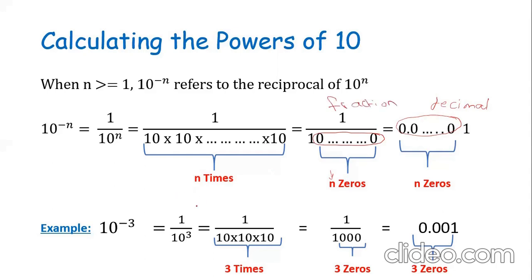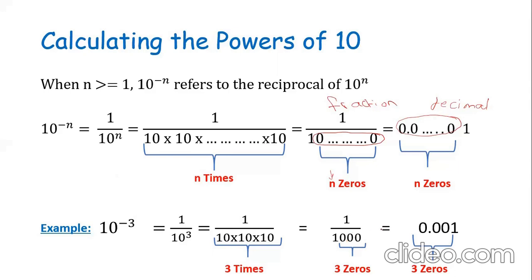Let's take an example. 10 to the power of minus 3. So here n equals 3. This is equal to 1 over 10 to the power of 3, which is again 1 over 10 multiplied by itself 3 times, and this is equal to 1 over 1000.